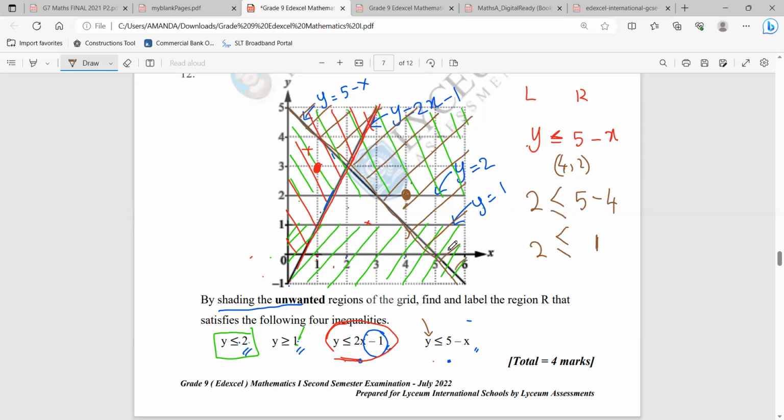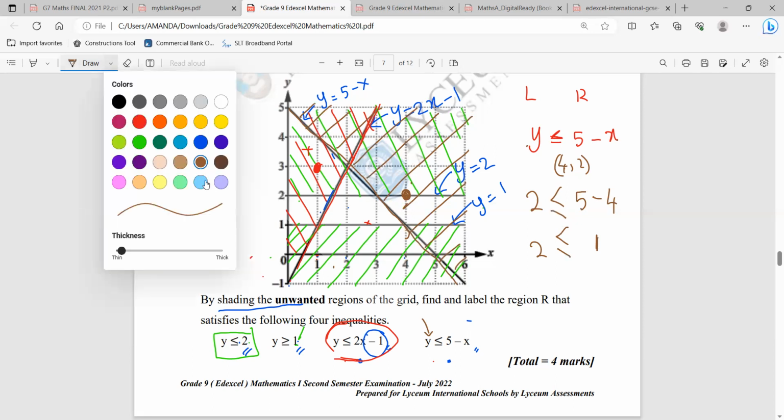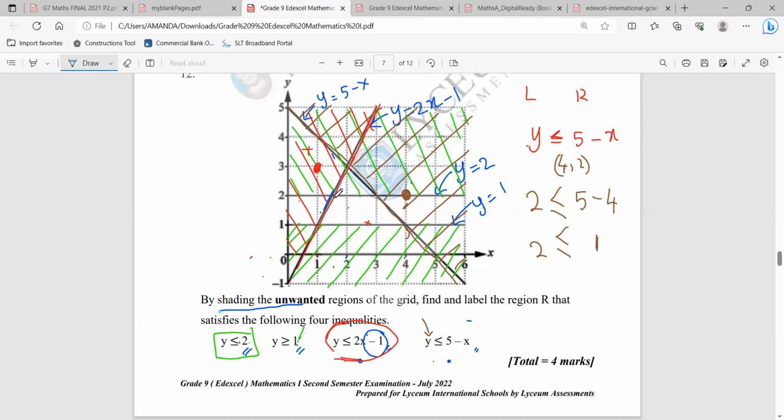Okay. Now we have done everything. Now let's see where we haven't colored. Now if you can see, the area here is untouched. Can you see?